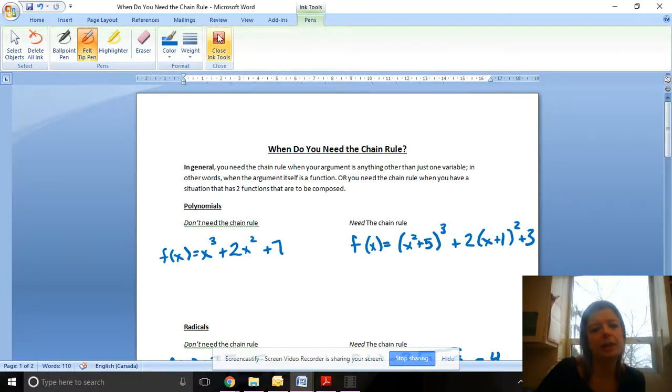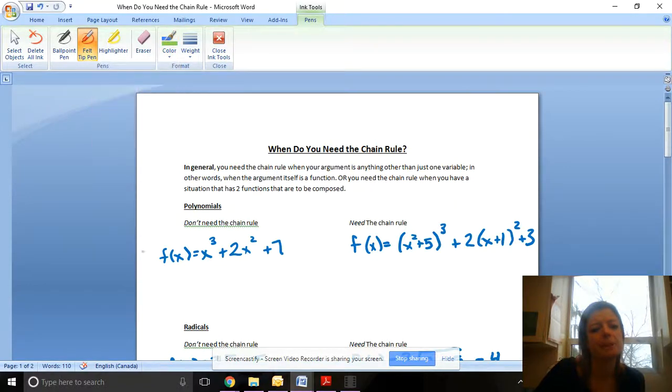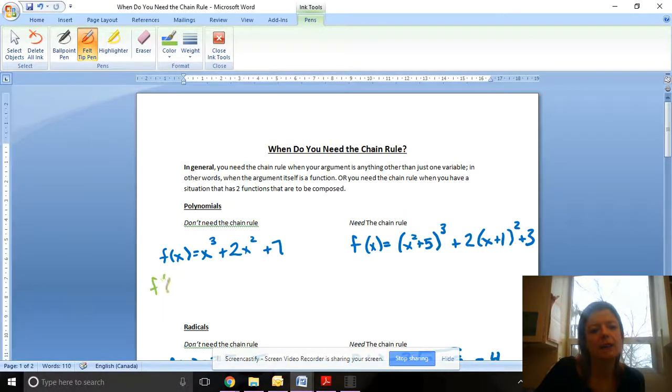So just for this one, I actually will quickly find the derivatives just to talk about it. So in this first case, the derivative is just 3x squared plus 4x plus 0. So you just keep it at that.